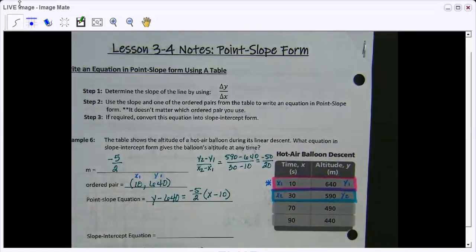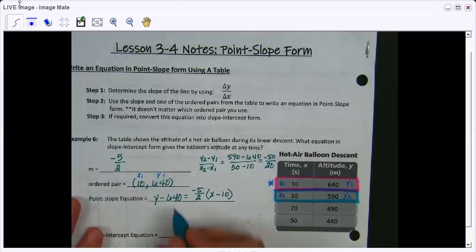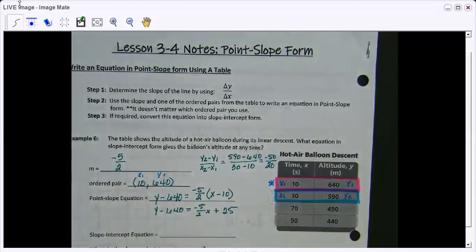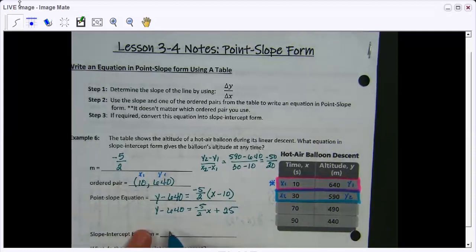And it wants us to put this into slope intercept form. So I'm just going to start solving. And I'm going to distribute my -5/2. And then I get 25. And now I have to add 640 to both sides. And my slope intercept equation becomes y equals -5/2 x plus 665.